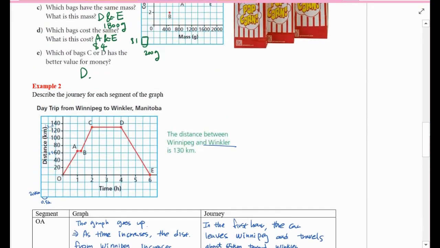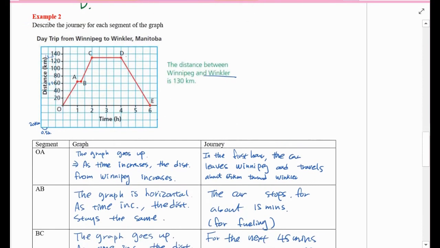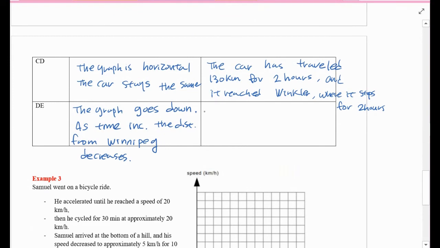Okay, so the car is returning home for 2 hours. And we know it's 130 kilometers. So we say the car returns to Winnipeg and it takes 2 hours to travel 130 kilometers.